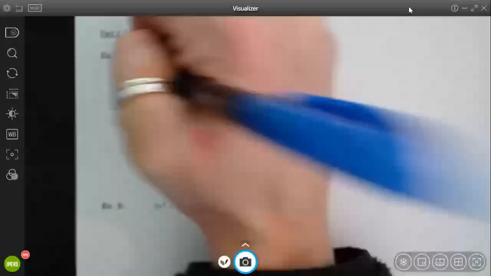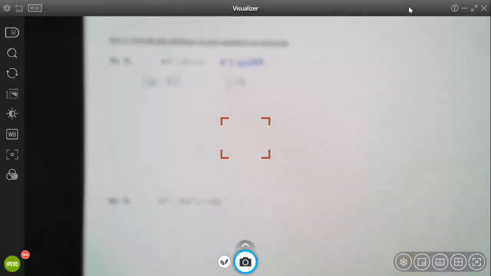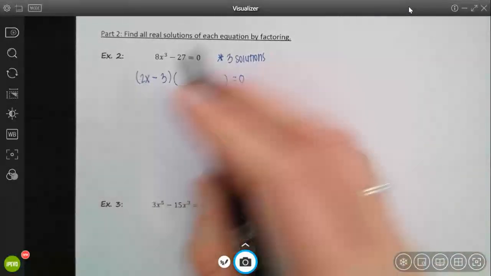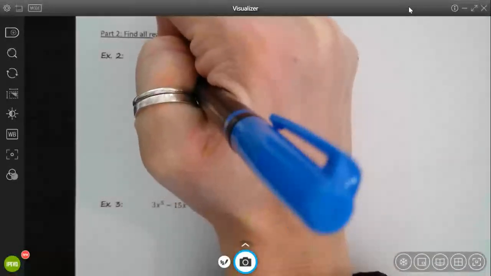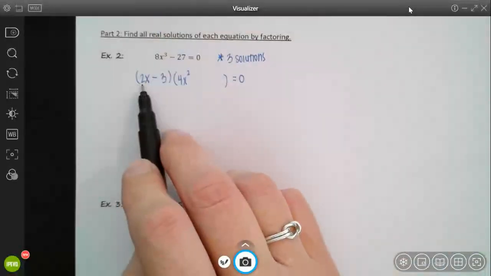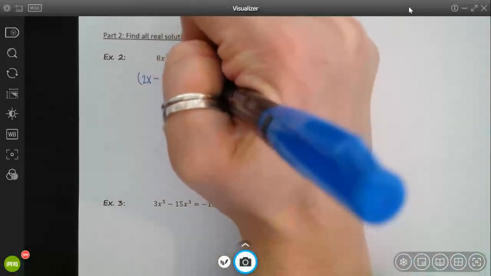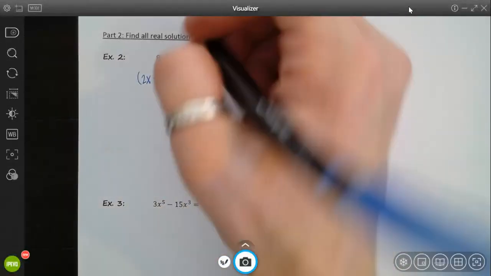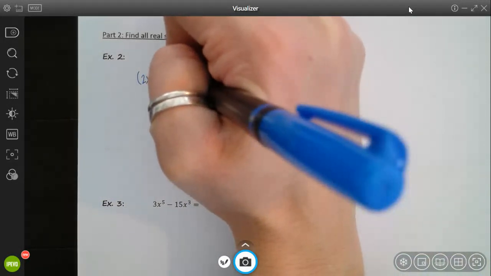Same sign, so minus. And then my trinomial, my first term is going to be 2x squared, which is going to be a 4x squared. My middle term is going to be 2x times 3, so a 6x. My last term is going to be 3 squared, which is going to be a 9. So then I'm going to have the opposite sign here, so plus, and then always positive.